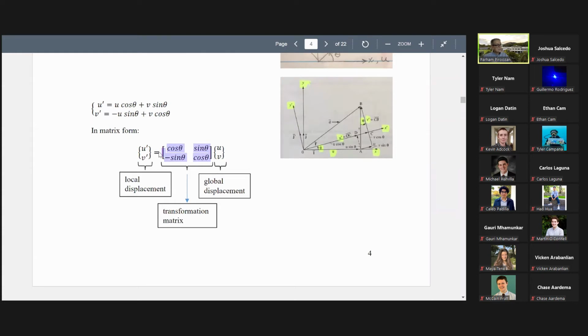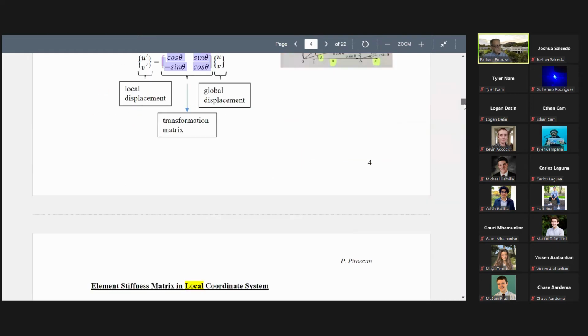You showed that its inverse is the same as its transpose. This property is called orthogonality. You showed it in the lab, in activity 1.